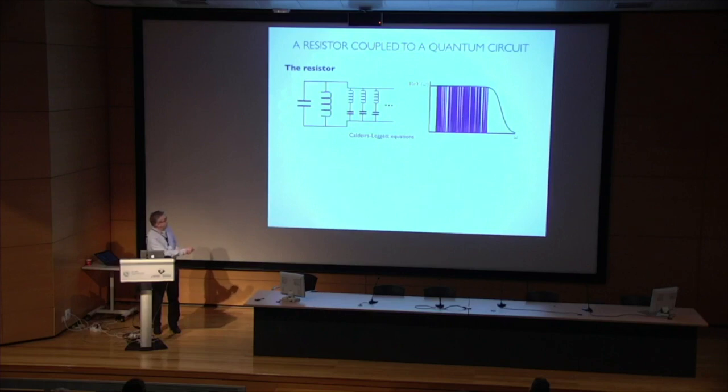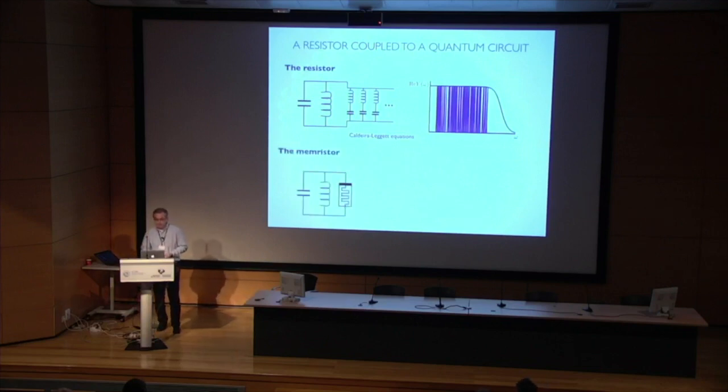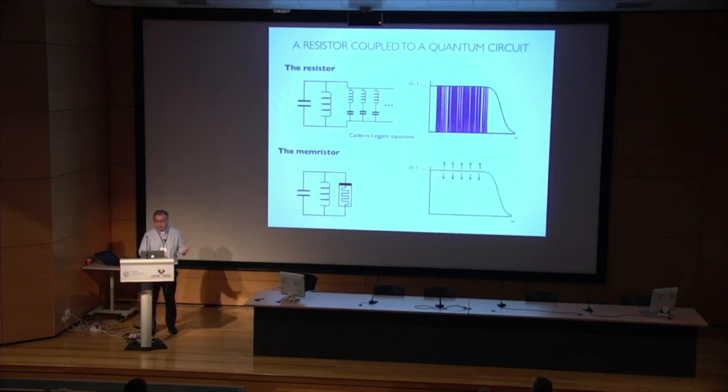And then if I add them all up, then I will have an effective resistance. And this is nothing but Caldeira-Leggett. So what we suggest is that we have this dissipative element in a similar way, and that we can move the height of this resistance by performing weak measurements and then doing classical feedback on this part.